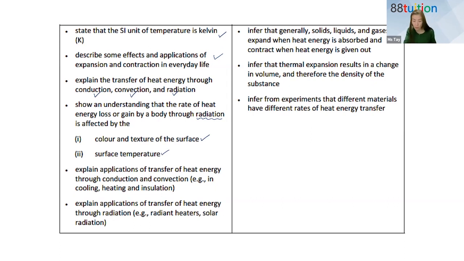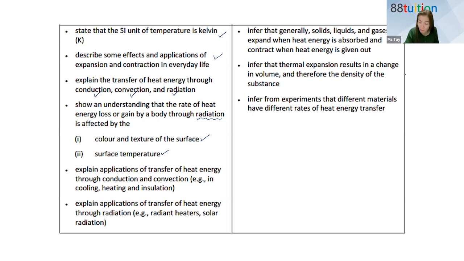All these you need to know. Then infer that generally solids, liquids and gases expand when heat is absorbed and contract when heat energy is given out. Thermal expansion results in the change of volume, therefore the density of the substance also changes.